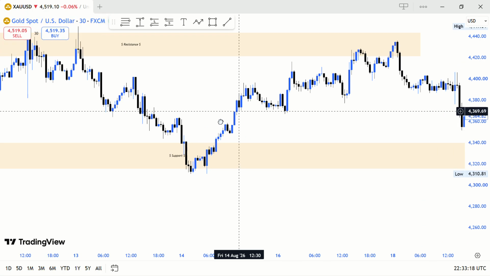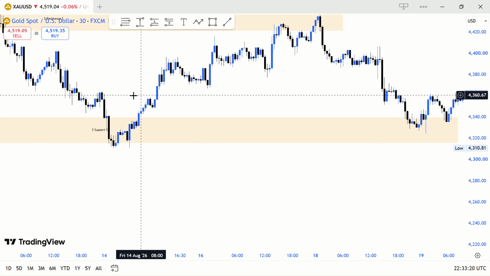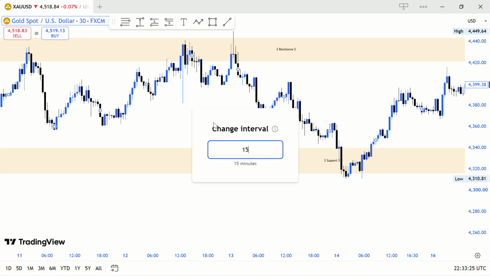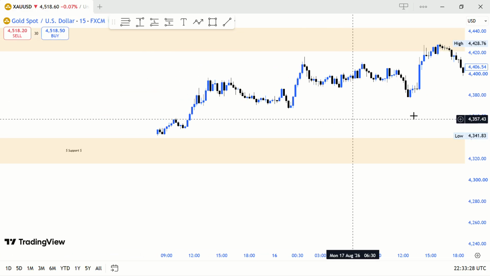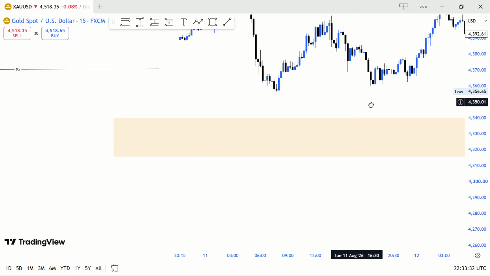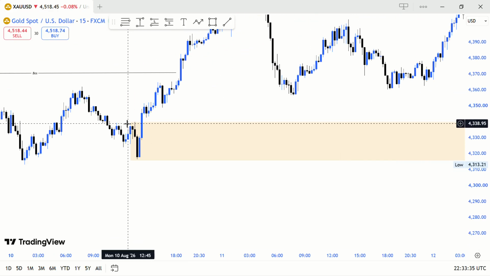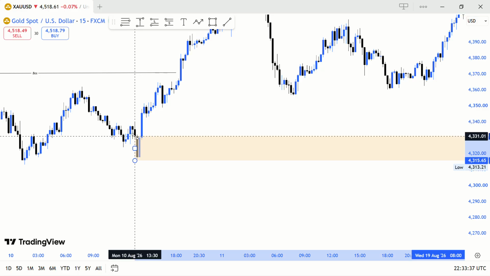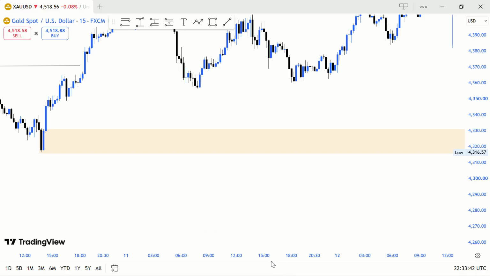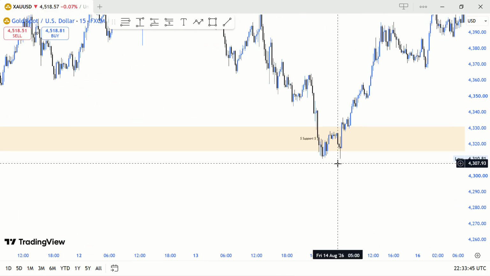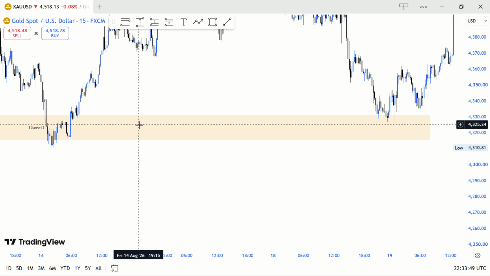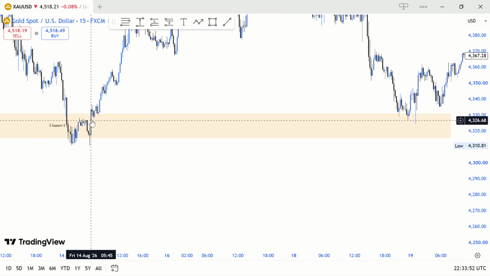So we move on to the 15 minutes time frame where the execution kicks off. From our 15 minutes time frame, yes, we got an adjustment of our order block to this side. So how we executed the market was that we got this FVG.